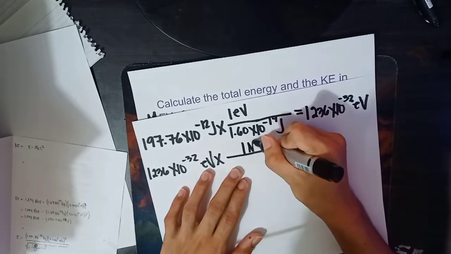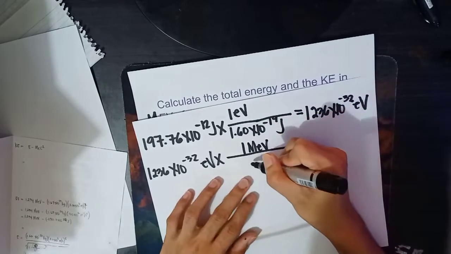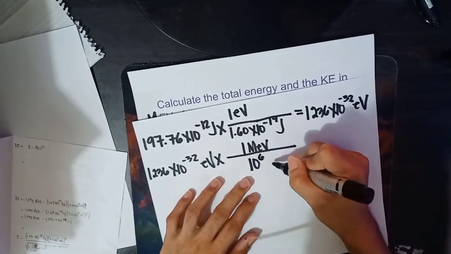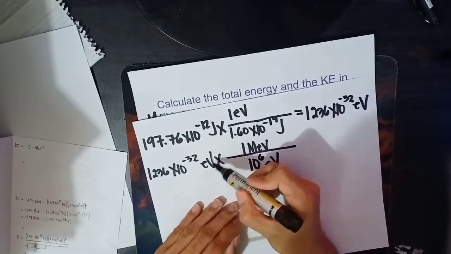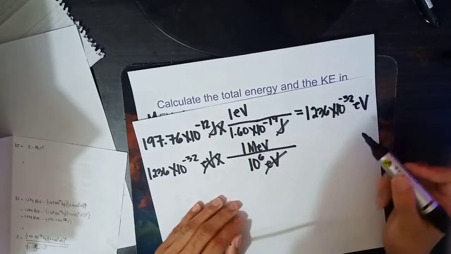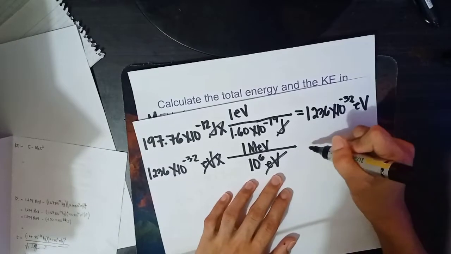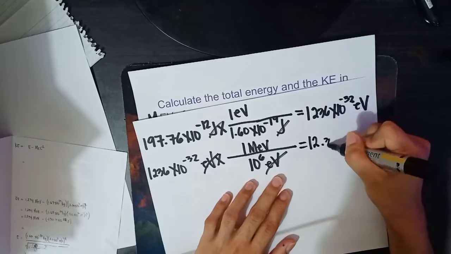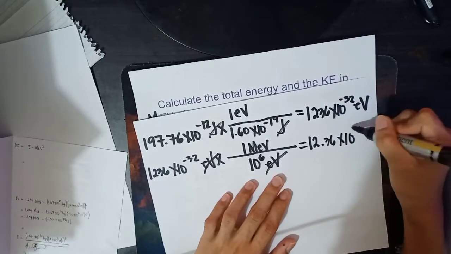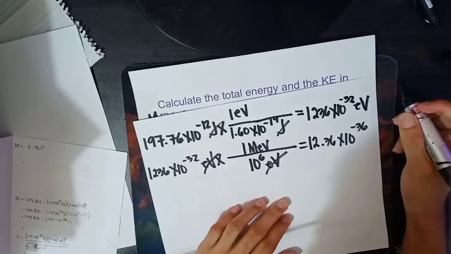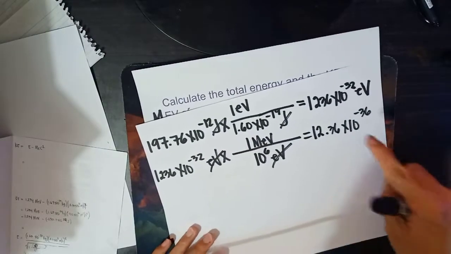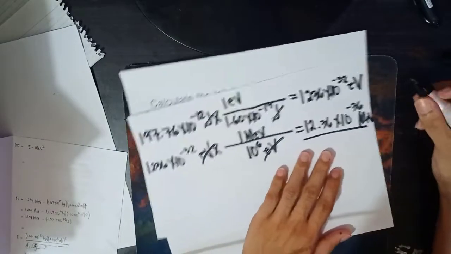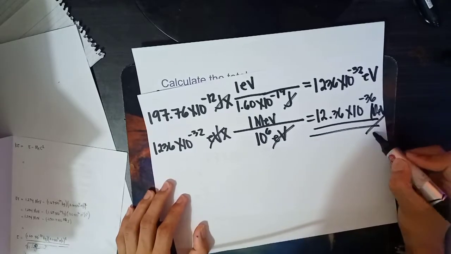In 1 mega electron volt, we have 10 raised to the power of 6 electron volts. So cancel out, and that is 12.36 times 10 raised to the power of negative 36.